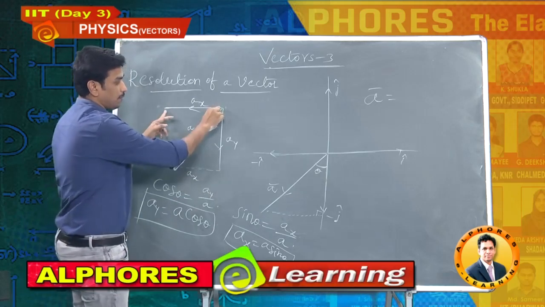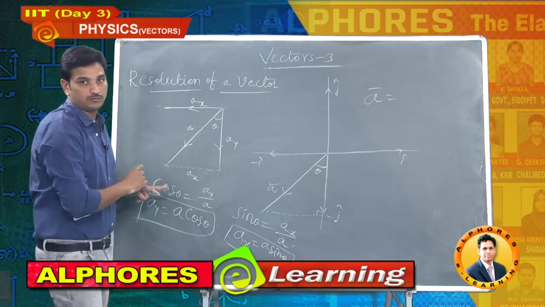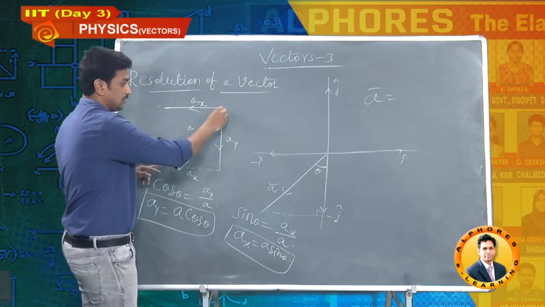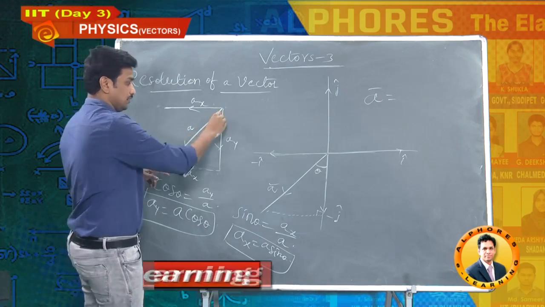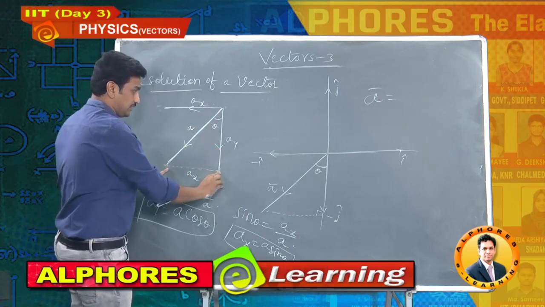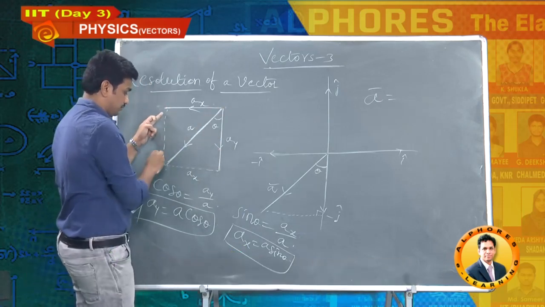This is called parallel shifting. Once again, this is called parallel shifting. This is A, this is Ay, this is Ax, this is Ax, this is also Ax.